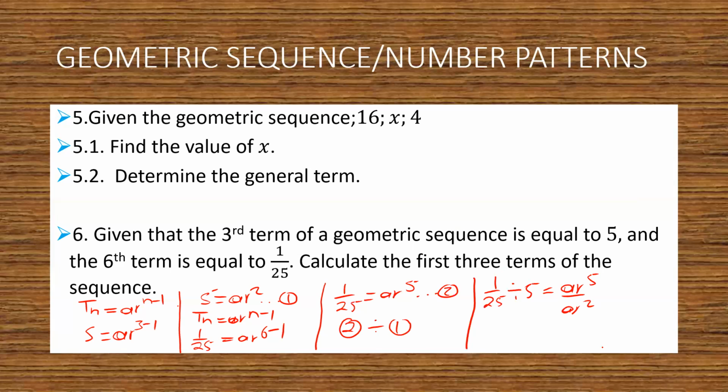Yes. And what did you get on the left-hand side? On the left hand side, I got 1 divided by 125 is equal to r to the power of 3. So am I right to say you did that? Yes. So what is the value of R now?